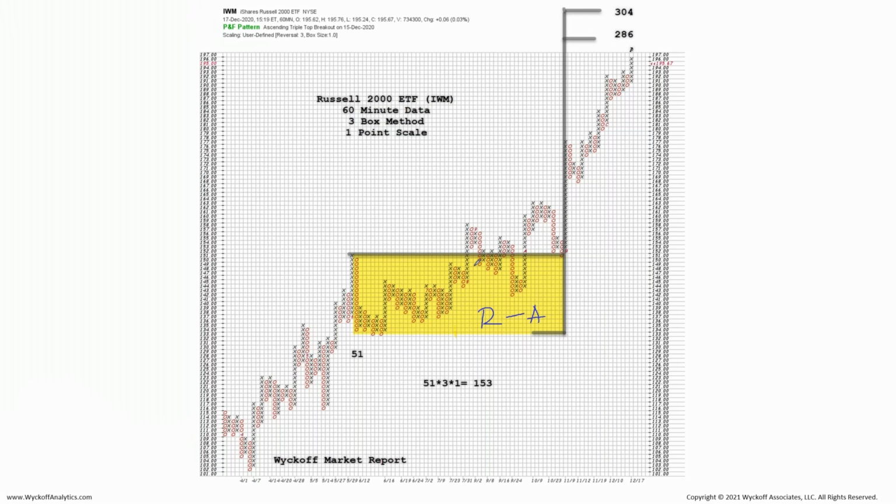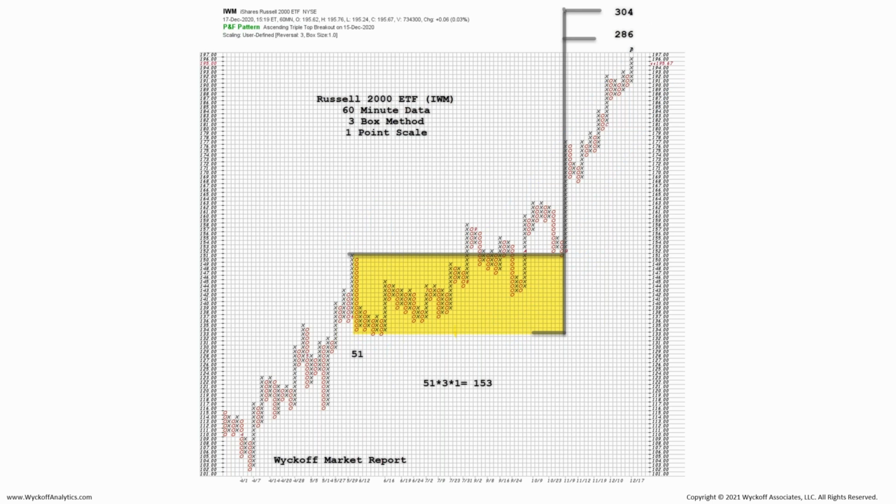And this count, once it fulfilled it, it just took off again. And at the time of this chart, December 17th, it was around 196. But look, the count goes 286, 304. Lots of room in the Russell to continue to go higher.